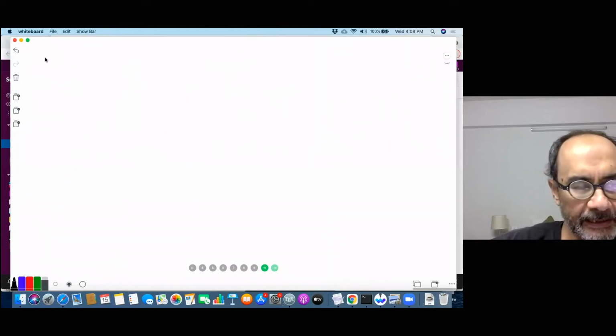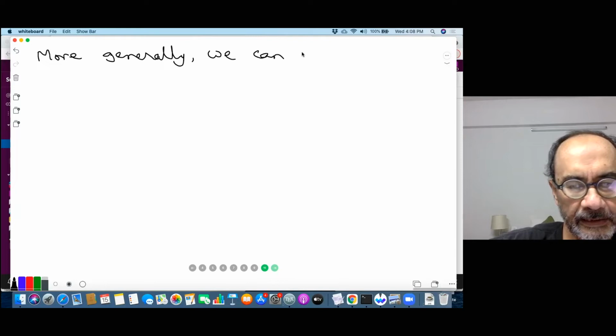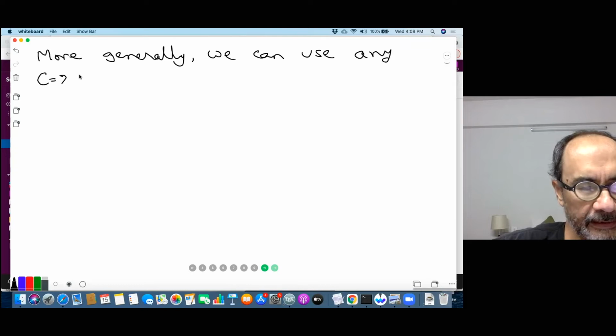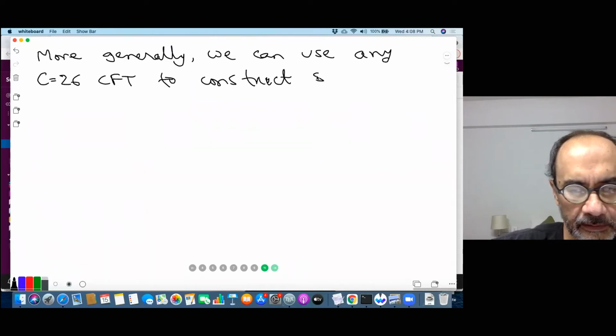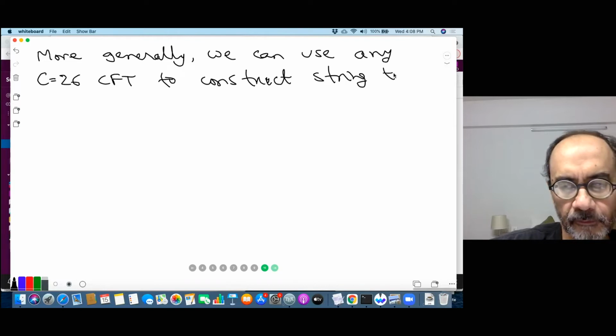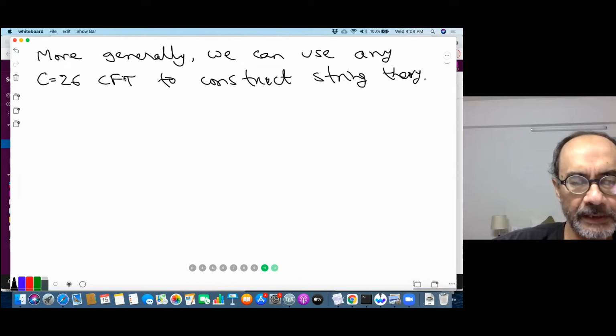In fact, more generally, and this will be useful later, we can use any C equal to 26 CFT to construct string theory. So you see that even though bosonic string theory is not consistent, you have many choices of a bosonic string theory because you can have many different C equal to 26 CFTs.